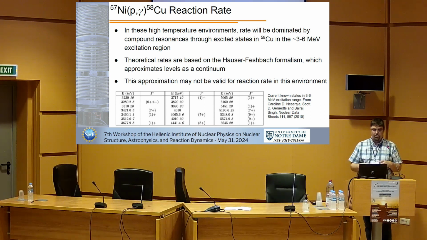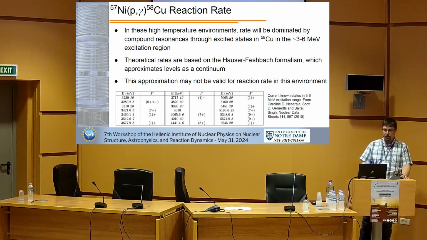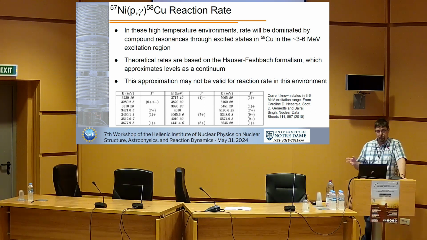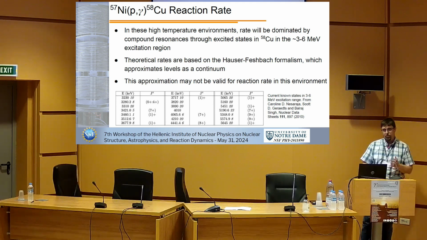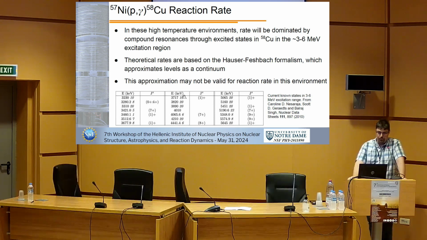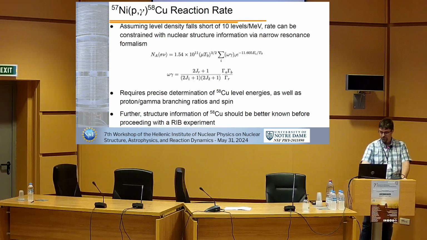Now, in these high temperature environments, the rate is normally dominated by compound resonances through excited states in copper-58. In our temperature region, we're mostly interested in this 3 to 6 MeV excitation area. Currently, all of our theoretical rates are based on Hauser-Feshbach formalisms. But you can see from this list of levels, the level density isn't really high enough to support a good Hauser-Feshbach extrapolation for the reaction rate.